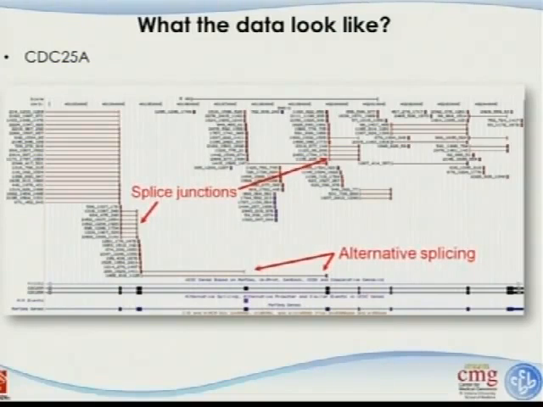This read gives us evidence that these two are together. However, this other read gives us evidence that these two are together where the middle one has been spliced out. So in this single experiment, we see a mixture of multiple isoforms.